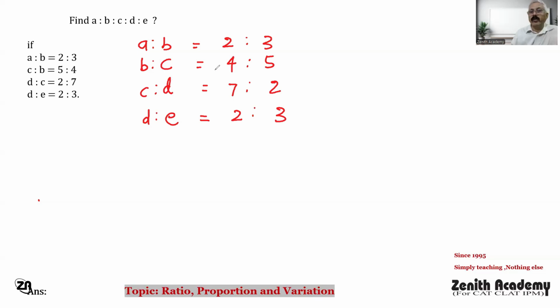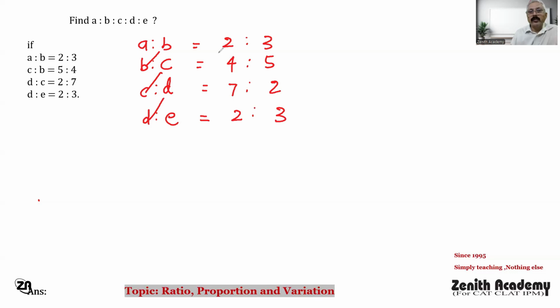Now you know the formula: the consequent of the previous ratio is the same as the antecedent of the next ratio.